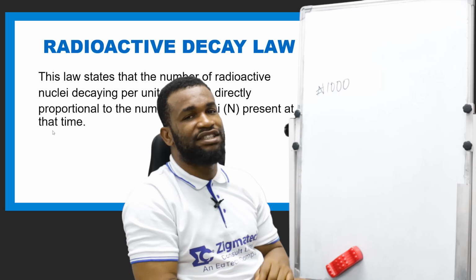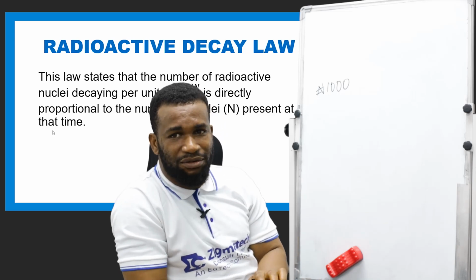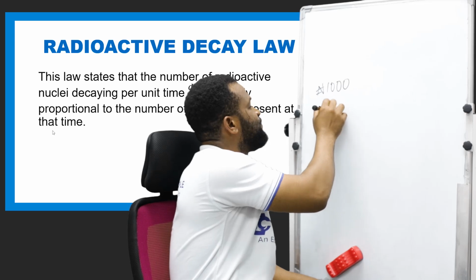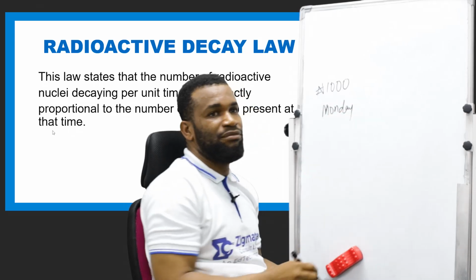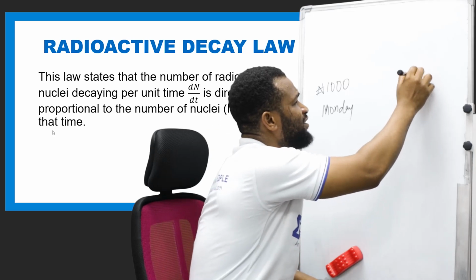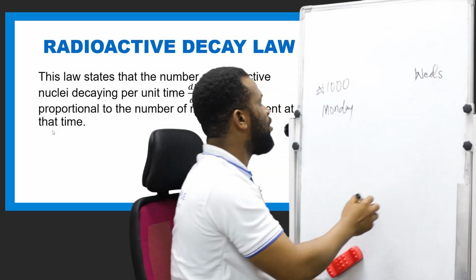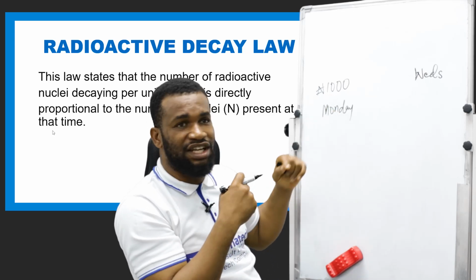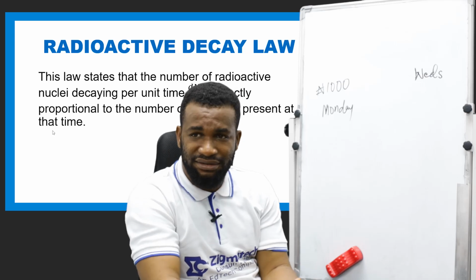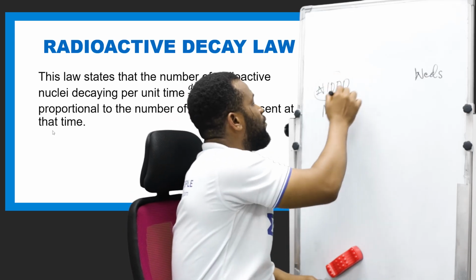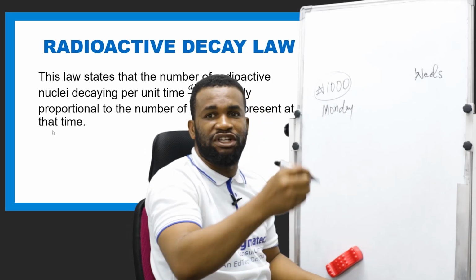For example, let's assume you have 1,000, and that particular day is Monday. On Wednesday, of course, you are still not going to have 1,000 left because you are spending. So we are looking at the quantity you have depending on what you are spending per day.